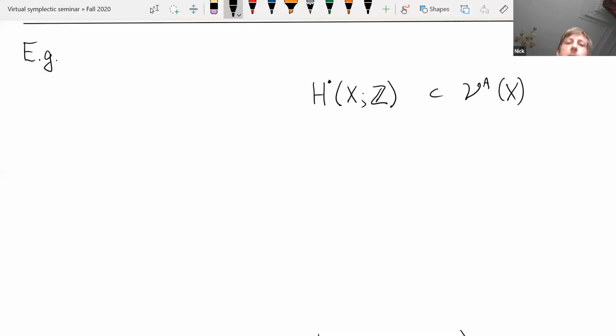But that's not right, because these sections are not even flat with respect to the connection. Remember, with respect to the natural trivialization of our A variation of Hodge structures, we had a non-trivial connection matrix.